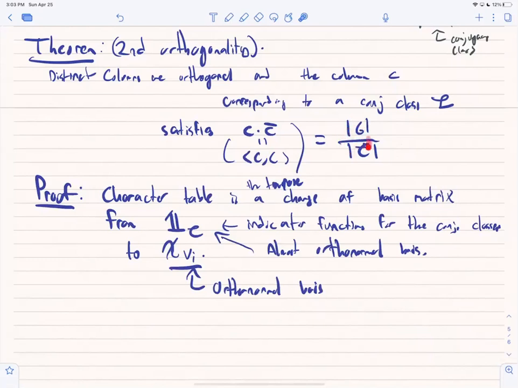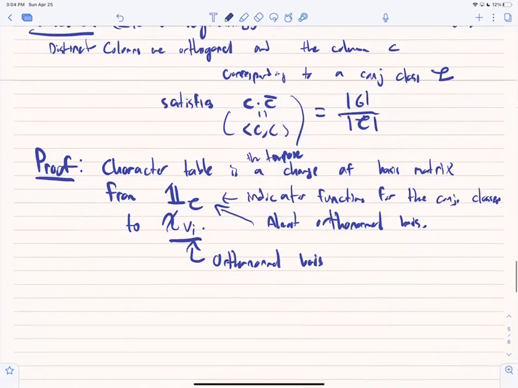It's the inverse of this number here. It's the number of elements in the conjugacy class divided by G. So they're orthogonal, but the inner product of the indicator function with itself, you just compute that out, you get the number of elements in the conjugacy class divided by G.